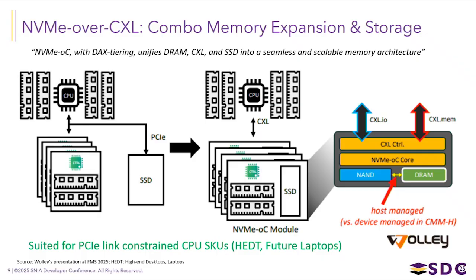And what they are saying is basically run NVMe or CXL, because NVMe is a PCI protocol. It can run over CXL.io, and you can do a lot of interesting things. Or part of that DRAM you could expose directly as CXL memory, not as part of the NVMe driver memory, and interleave it with the main DRAM and increase the bandwidth of your system. So all kinds of interesting applications for the HEDT, the high-end desktop and the workstation market.